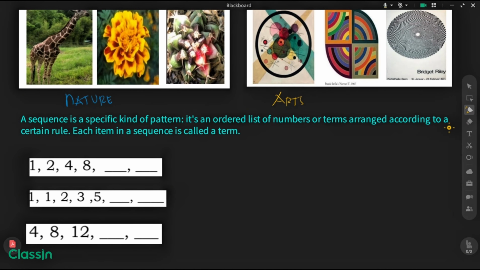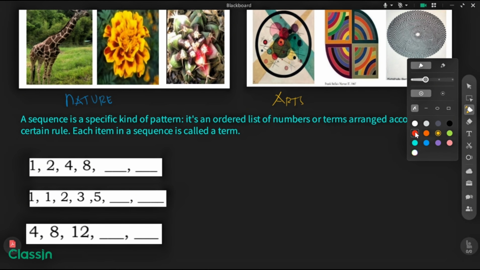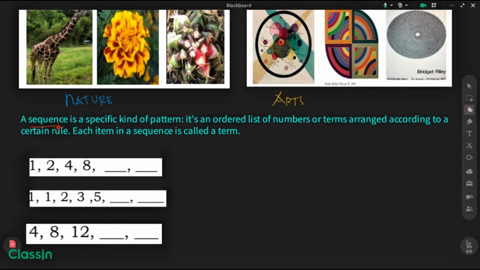So when we say sequence, it is a special kind of pattern wherein it is an ordered list of numbers or terms arranged according to a certain rule. Every item in a sequence is called a term.